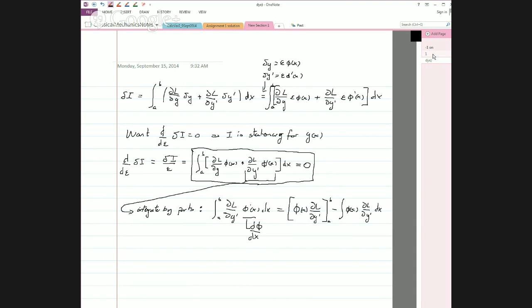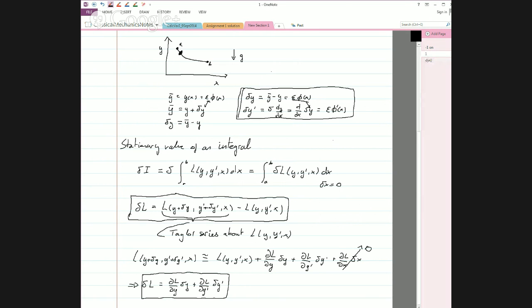So remember, something that I didn't emphasize to you is that think about the problem of the bead falling down the wire. And we're changing the shape of the wire. That's changing the function y of x that we're trying to discover. However, when we change the function y of x by adding an epsilon phi of x, we're constrained to force that function to stay between a and b.